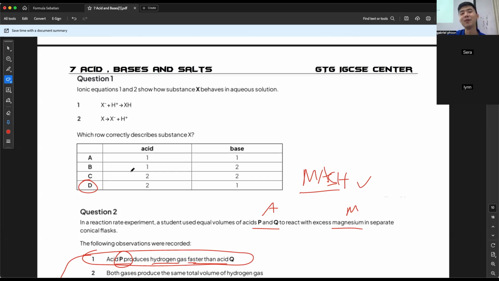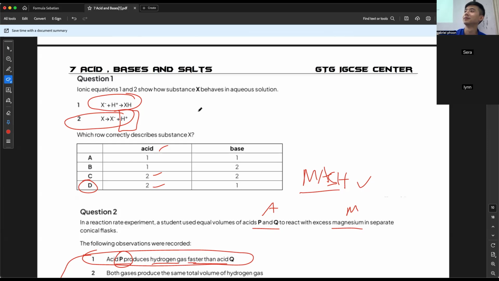Let's start with the acid one first. Why was number 2 an acid? Because it gives off what? Hydrogen. It's the hydrogen ion, right? So first and foremost, I know that based on this, because of this thing here, 2 is definitely going to be an acid, because it dissociates H plus ions, which I've constantly said for the past week that H plus is going to be acid. Now, how come this was the base?